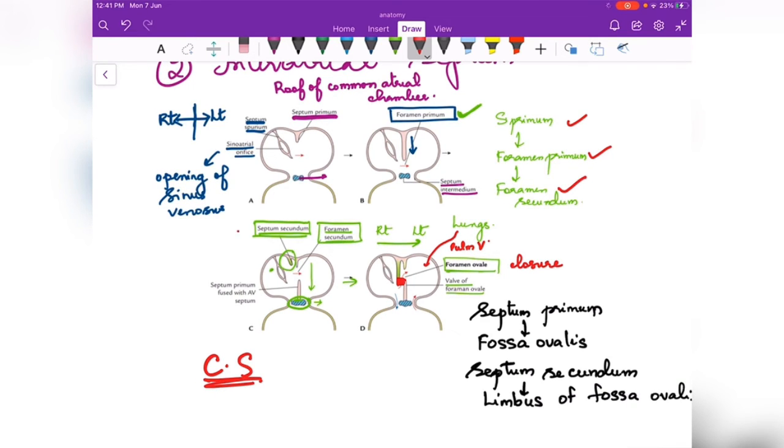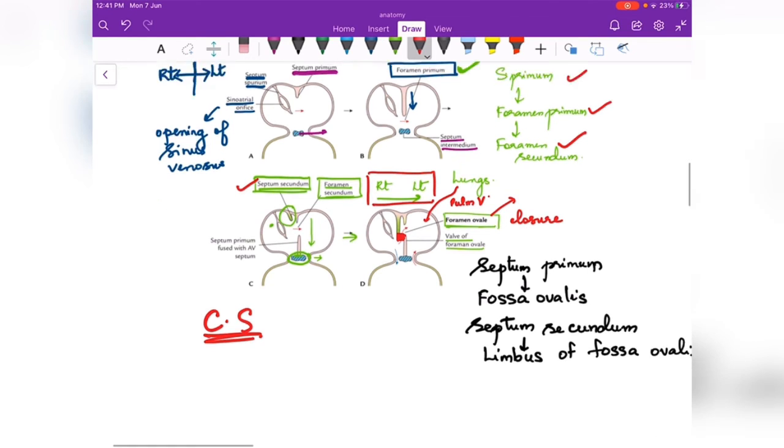Then the septum secundum develops to the right of the septum primum and grows just enough to close the foramen secundum to form the foramen ovale, which plays a very important role in fetal circulation by establishing a right to left shunt.